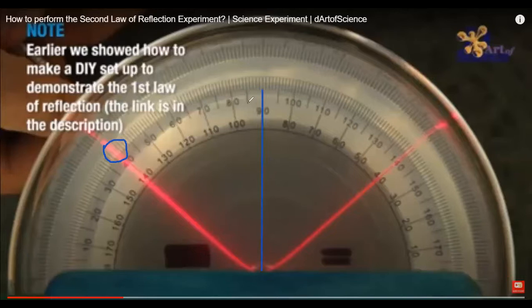What is the angle here? 90. From 40 to 90, how many degrees are there? 50. Okay. Same way, can you tell the angle here?